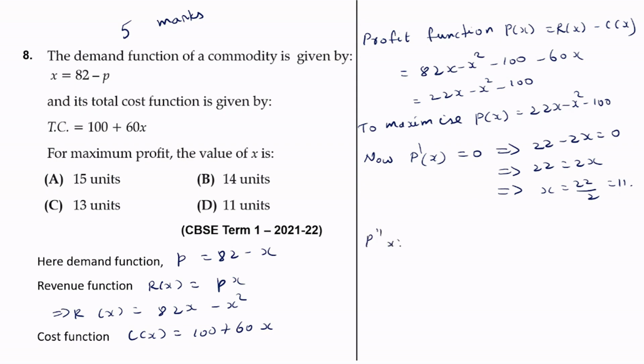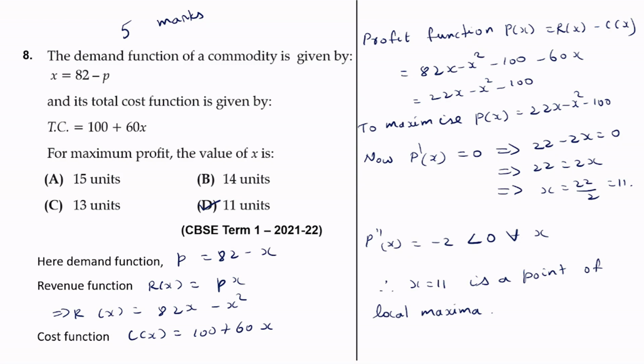P double dash of x is minus 2, which is less than 0 for all x. Therefore x equal to 11 is a point of local maxima. So for maximum profit, the value of x is 11 units. So the correct option is option D.